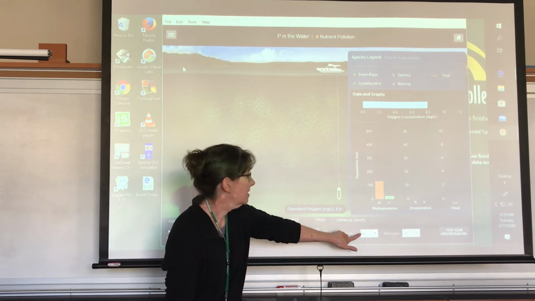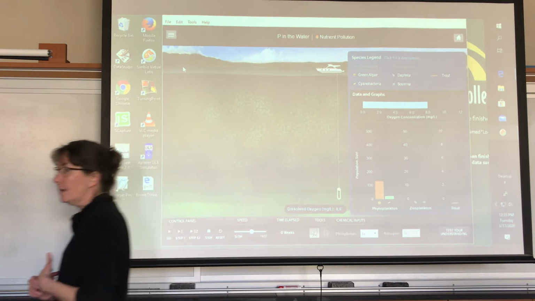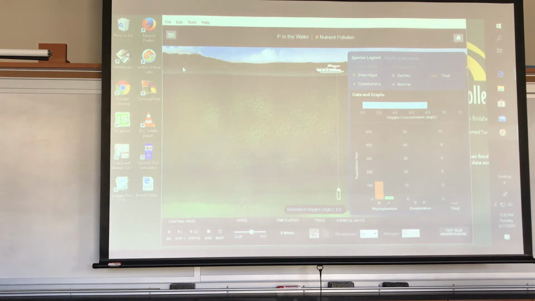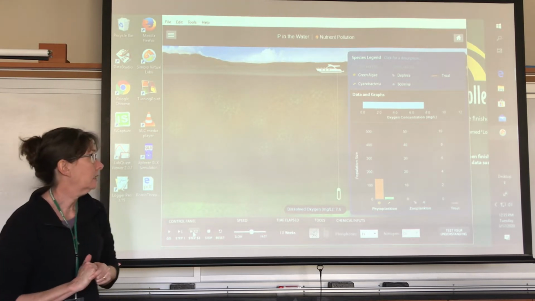Here's your phosphorus levels that you can change. Right now it's at 1x or normal, but through the course of this activity, you'll increase it to 2x and finally 4x. So when we let our simulation run, I'm going to click step 52, and it's going to let it run for 52 weeks or 1 year.